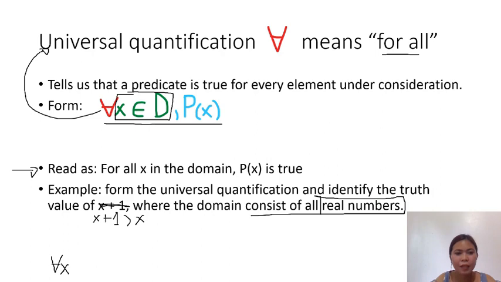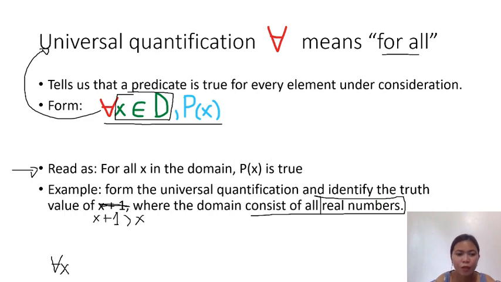And then, let's identify the predicate. So, punta tayo dito sa x plus 1 is greater than x. And of course, we can identify here that our subject is the variable x. And then the remaining part of the statement, which is plus 1 is greater than x, is our predicate.